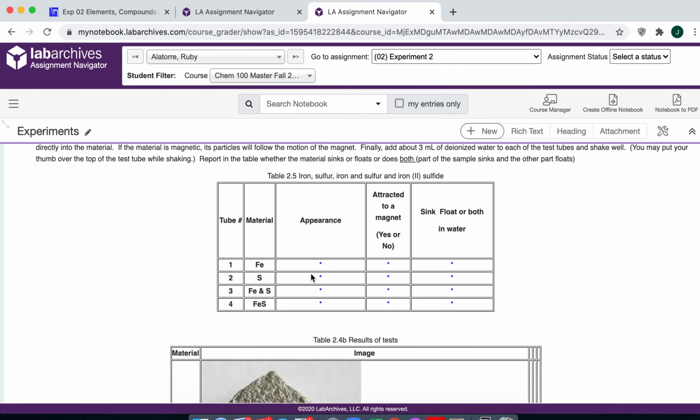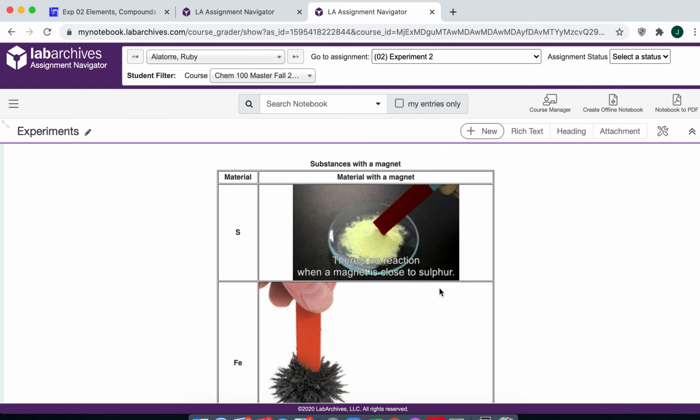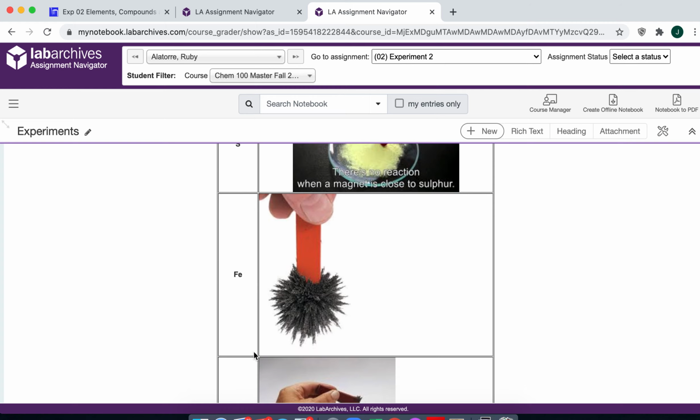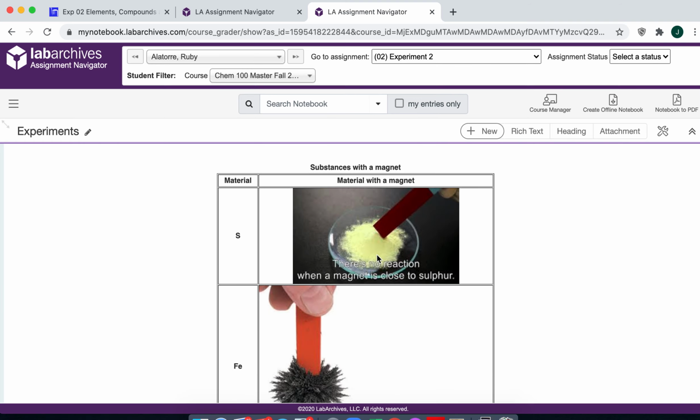Based on the appearance described here, next is attracted to magnets, yes or no. Take a look at the second set of table. Here are S, Fe, the mixture of Fe and S, and FeS, and they test with the magnets. You can see when they hold the magnet to the sulfur, it's not attracted. While Fe is attracted to magnets.